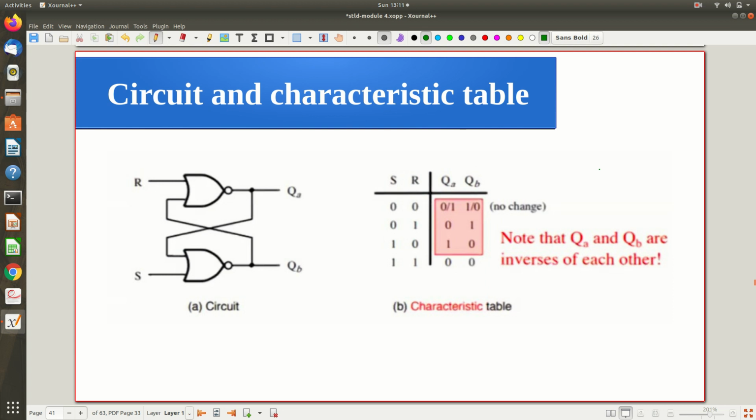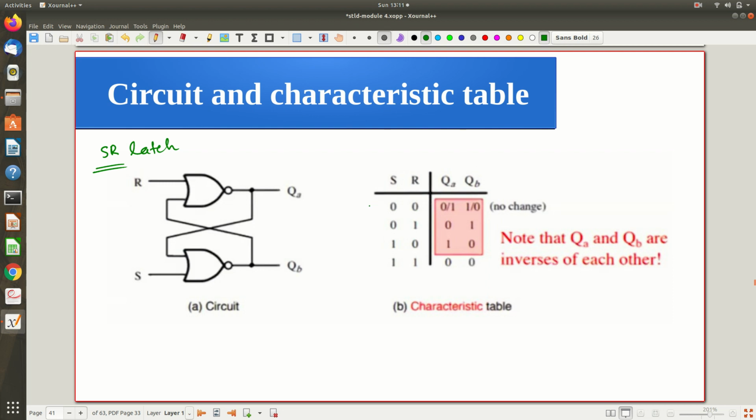So this is the final conclusion. When I have an SR latch, or RS latch, in any way you can say, I have 4 different cases for the input. Both can be 0 0. This is the no change case, so it will simply retain 0 or 1 as it is.